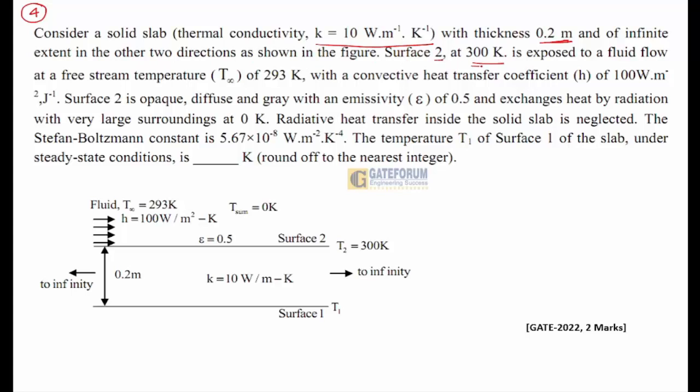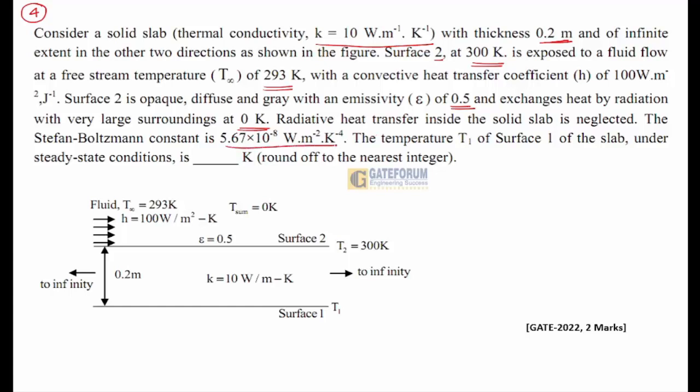Surface 2 is exposed at 300 Kelvin to a fluid flow with T infinity of 293 Kelvin and convective heat transfer coefficient h equal to 100 watt per meter square Kelvin. Surface 2 is opaque, diffuse and grey with emissivity of 0.5. It exchanges heat by radiation with very large surrounding at 0 Kelvin. Radiative heat transfer inside the solid slab is neglected.